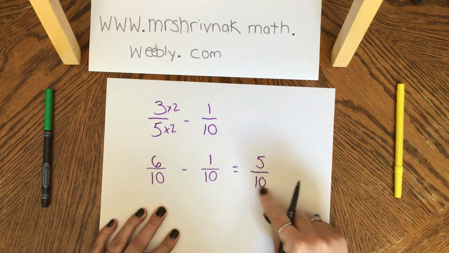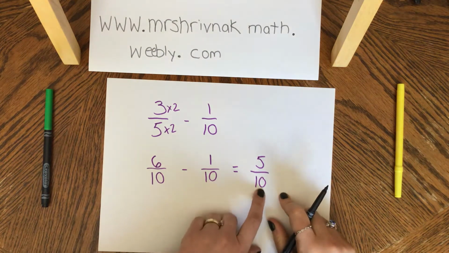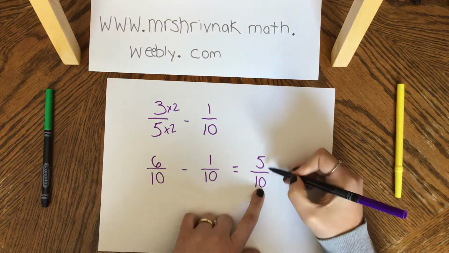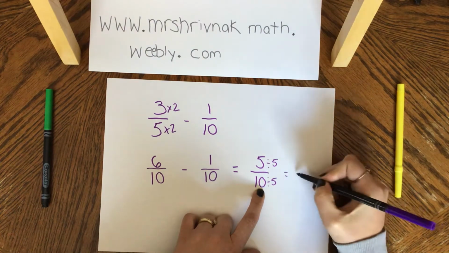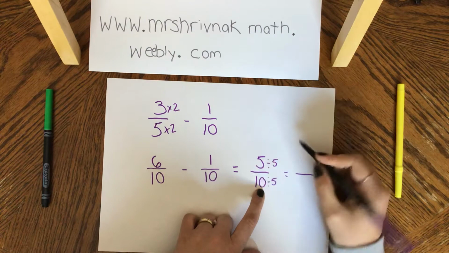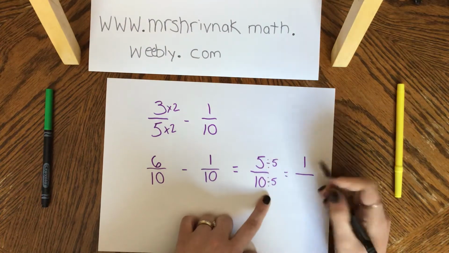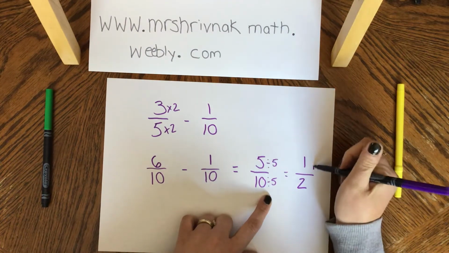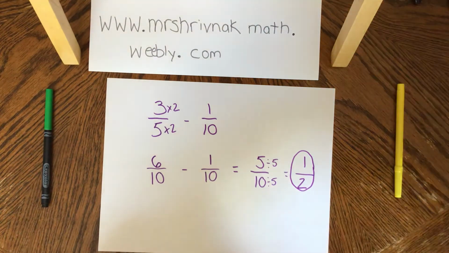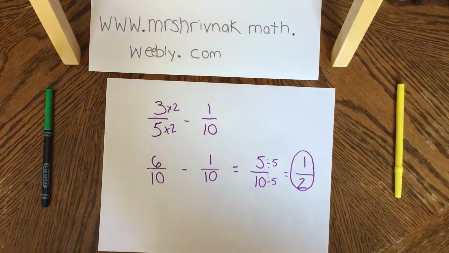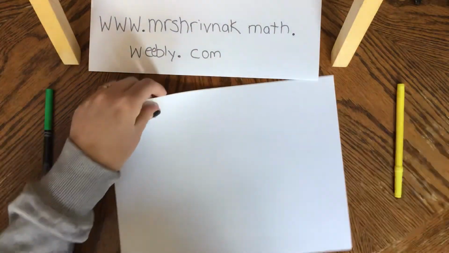We need an extra step here because we have to simplify this fraction. 5 can go into both of these. So again, I get 5 divided by 5 is 1, and 10 divided by 5 is 2, and I got 1/2 again.